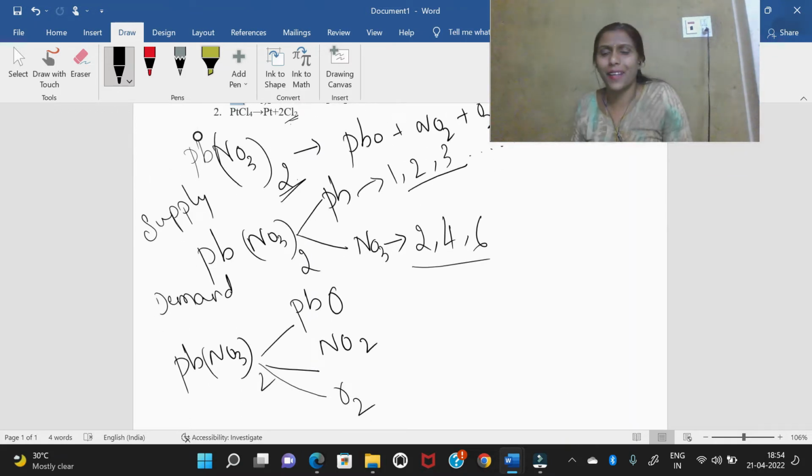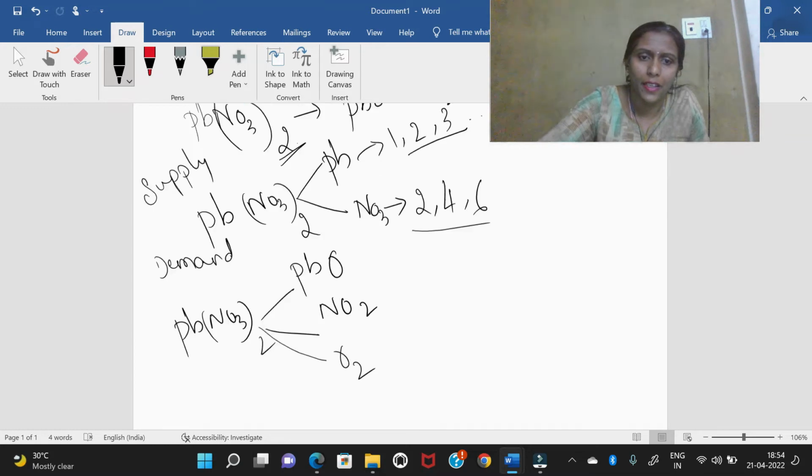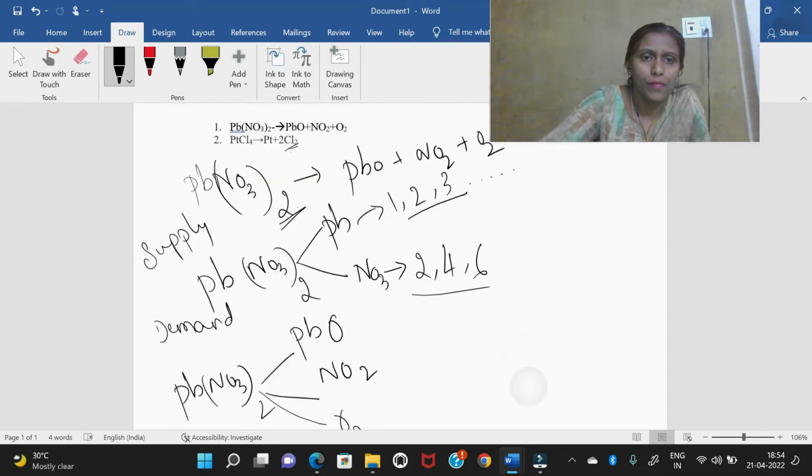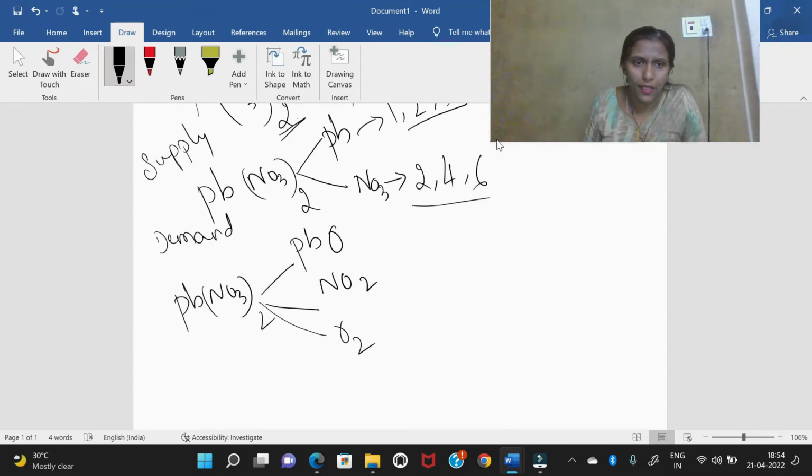See, balancing chemical equations is just a pure number game. Here, if I give one, I have to balance with the other. If I take one from here, I have to balance with the rest left out. That's all we need to do. All right. Okay, come, let's solve this. Pb(NO3)2. How many Pbs are there? 1 kg. And here, only one family wants Pb. So, 1 kg I am supplying, 1 kg is demanded, done.